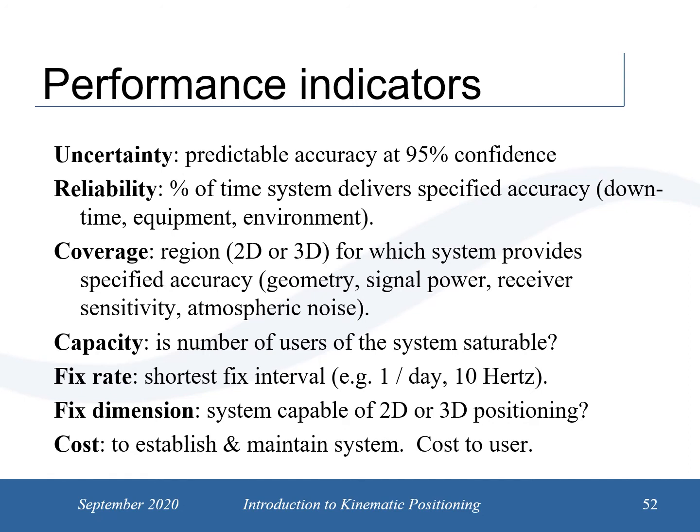So is the system capable of 2-dimensional or 3-dimensional positioning? And there is the cost to establish and maintain the system. We may also think in terms of the cost to the user. So if an enterprise establishes and maintains a system, this enterprise may charge a fee for users to use the system.